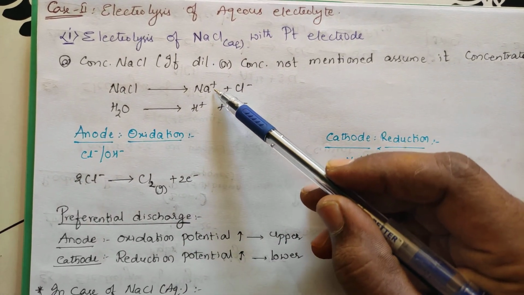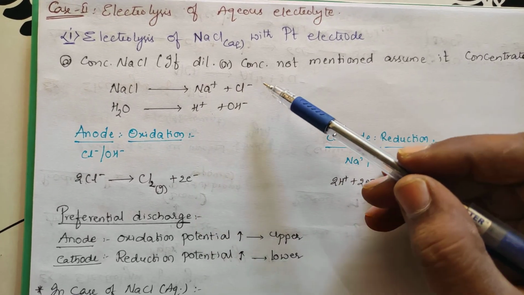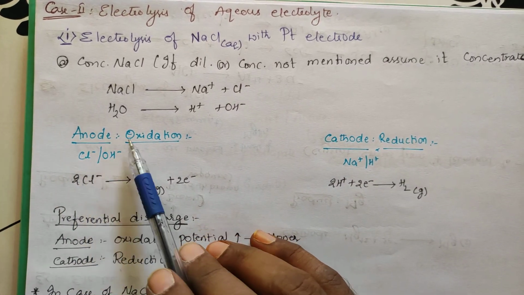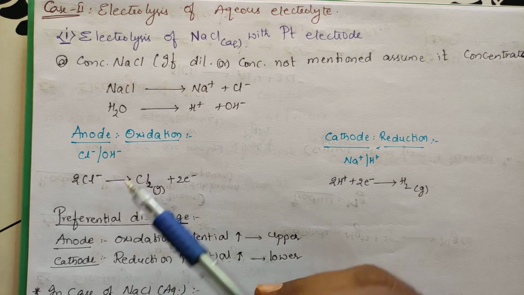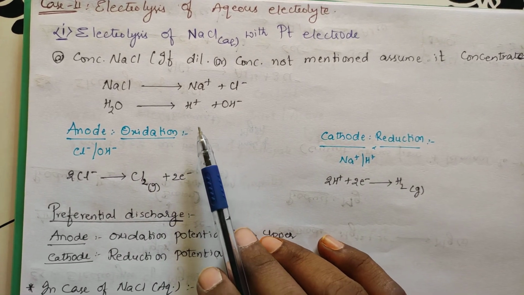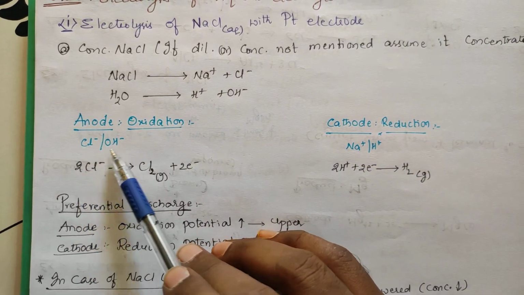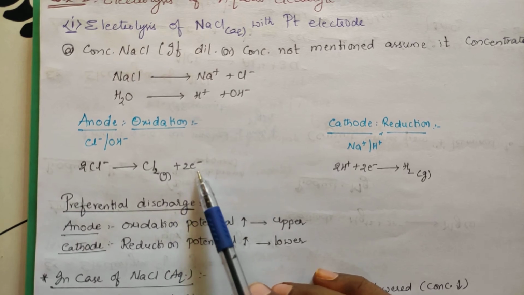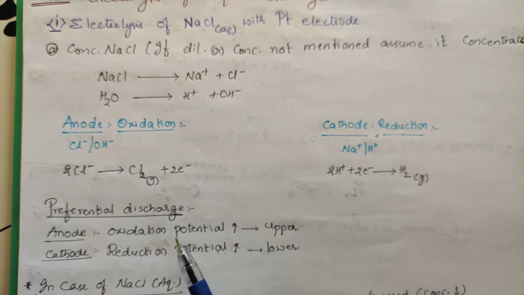If you see here, you have two cations and two anions. So anions will move towards anode. At anode, oxidation should occur. So first you try to write the equation for the oxidation. At the anode, two ions will be going here, and among these two, one will undergo oxidation and the remaining will remain the same in the solution.